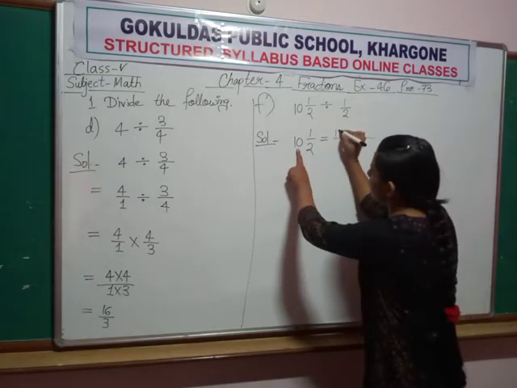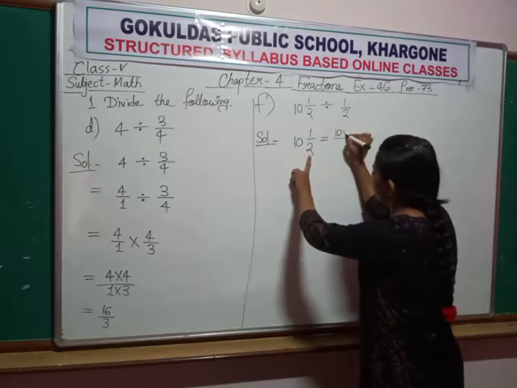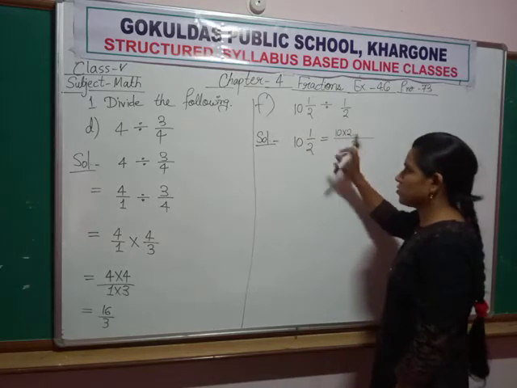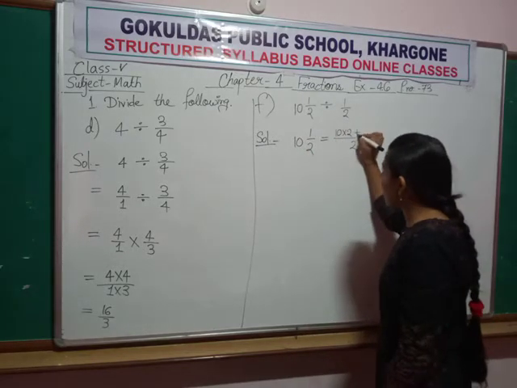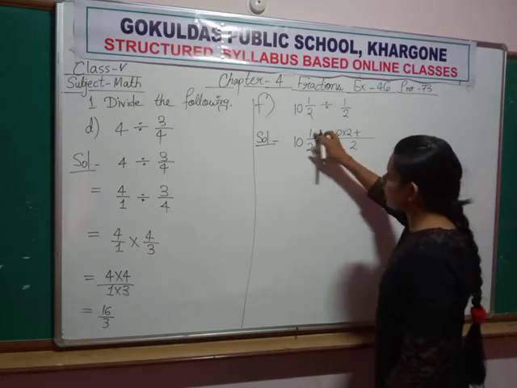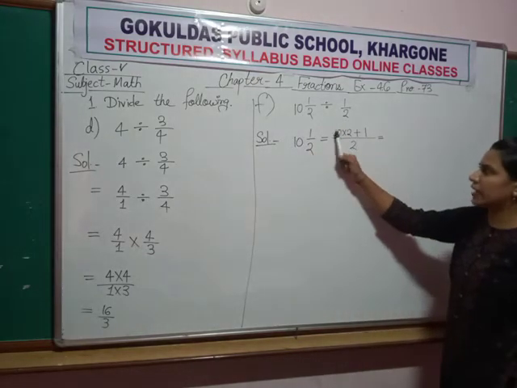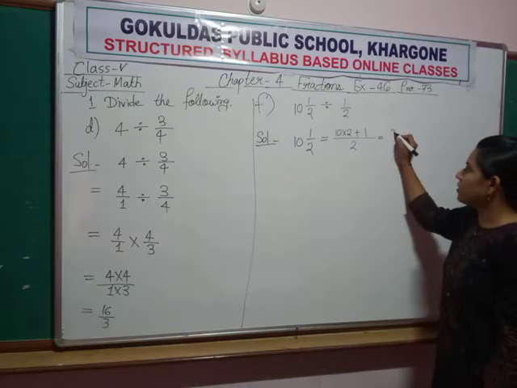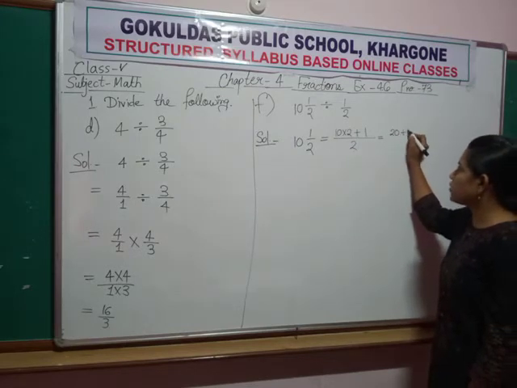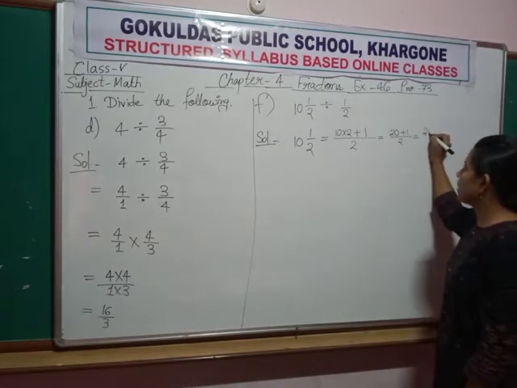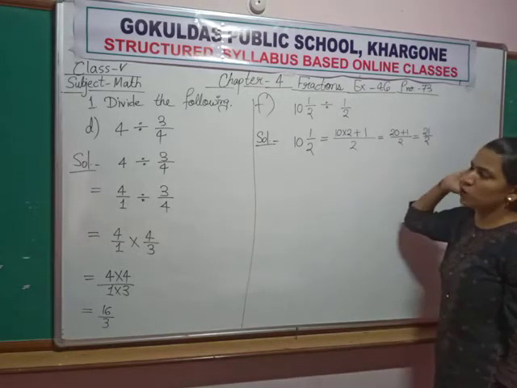We multiply whole number 10 with denominator, right? Then we add the numerator. So numerator here is 1, so I am adding 1. Now solve it. 10 into 2 is 20 plus 1 upon 2. 20 plus 1 is 21 upon 2. Okay?